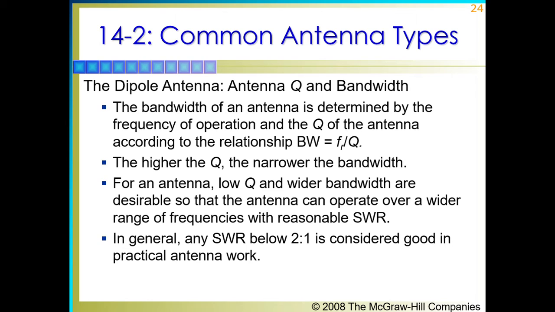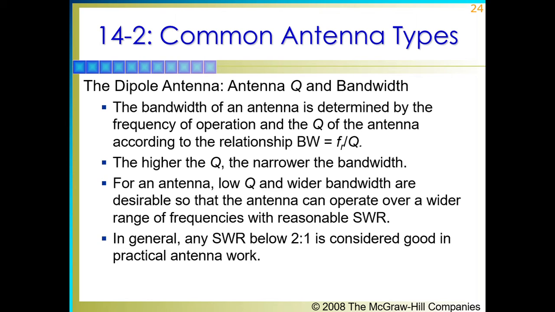Lowering Q widens bandwidth in resonant circuits, as high Q is undesirable because it makes the circuit more selective. For an antenna, low Q and hence wider bandwidth is desirable so that the antenna can operate over a wide range of frequencies with reasonable SWR.